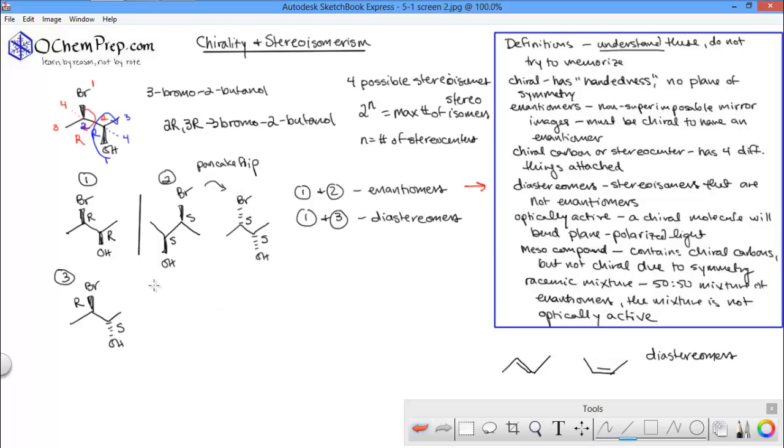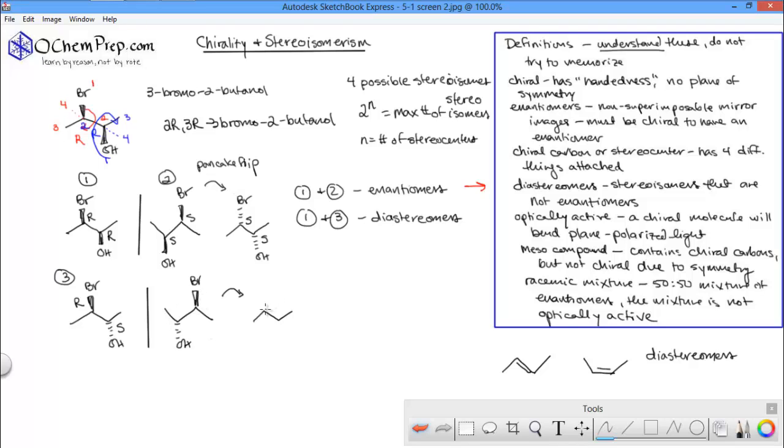So if we reflect this molecule, number 3, through a mirror, and do the same thing we did with number 1 and number 2. So we're going to draw it like this, and then the OH will be going back at this position, and the bromine will be coming out. And I'm going to do the same pancake flip here, so I get the carbon chain lined up the same direction as this.